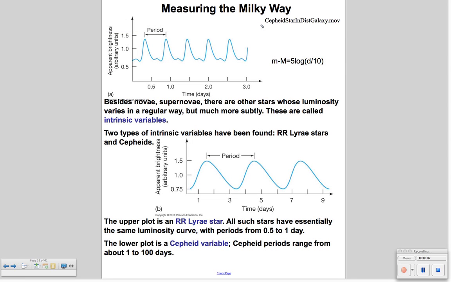How do we find distances to galaxies? Basically, we use Cepheid variable stars in distant galaxies. These stars, during their lifetime, go through a period when their brightness fluctuates, and we can see this fluctuation. The period tells us about their brightness.